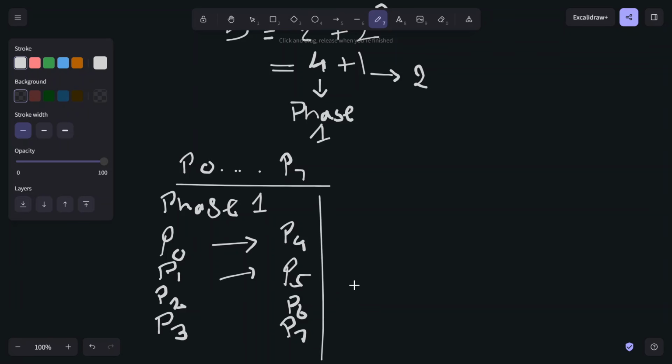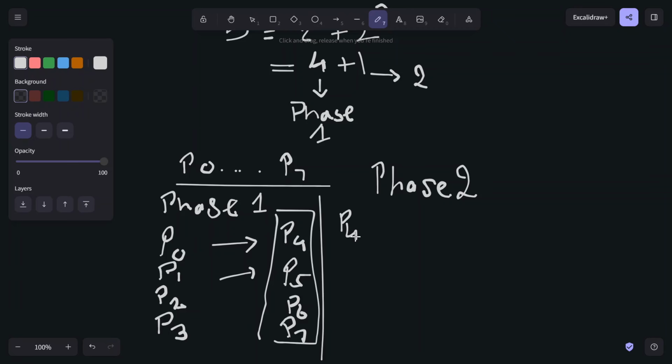Here your phase 1 is complete. Next we have phase 2, where the shift takes place by one place, continuing this phase, shifting one place: P5, P6, P7, and then P0.